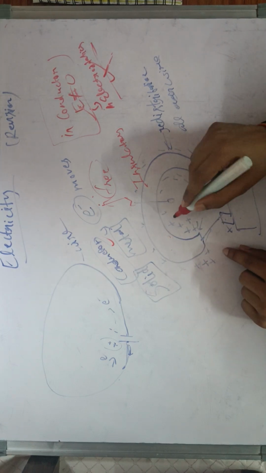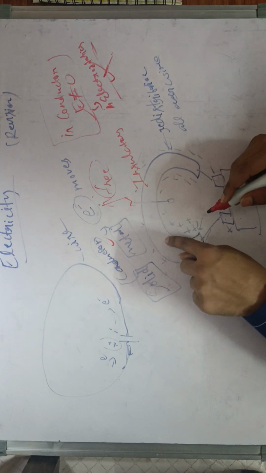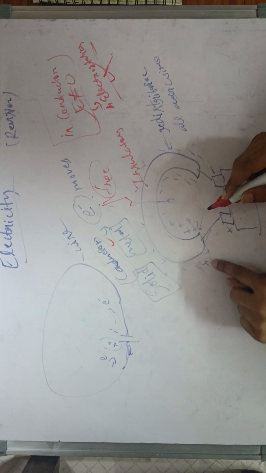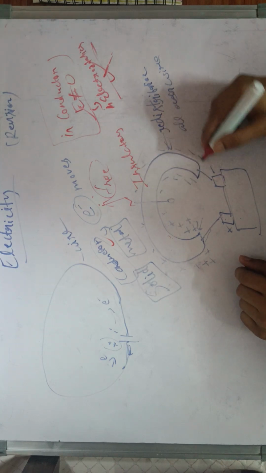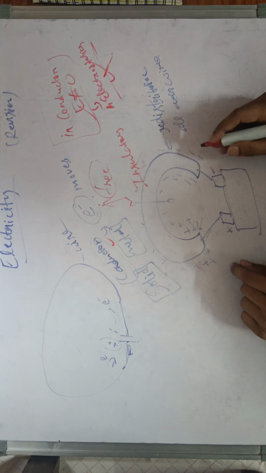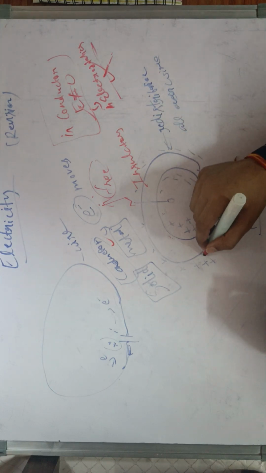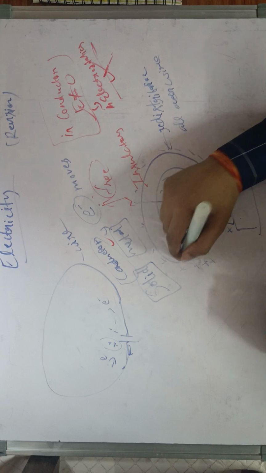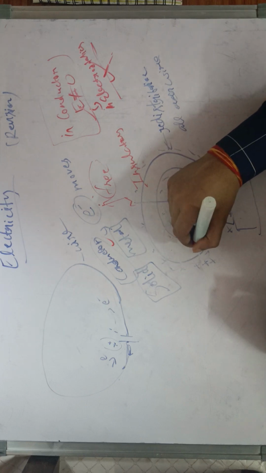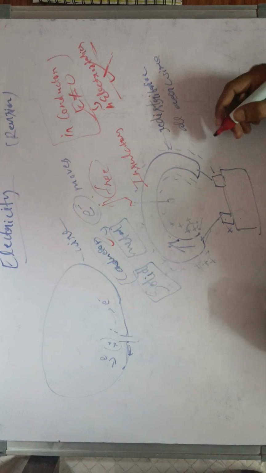The surface of the wire has some charges accumulated. The surface of this conductor will accumulate some positive charge, and similarly at the negative side there will be some negative charge accumulated. Since there is large positive charge here and small positive charge here, this will cause a net electric field in this direction in the wire.